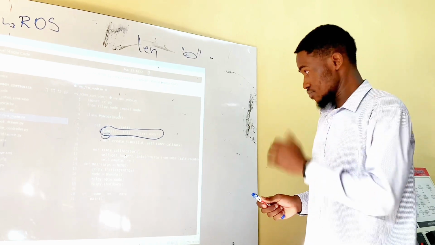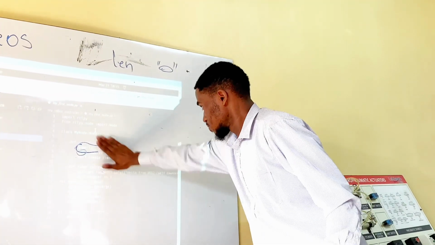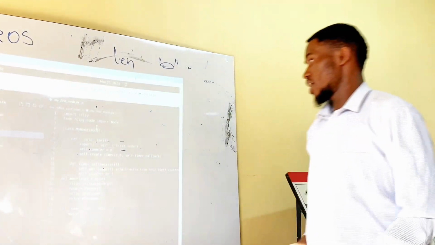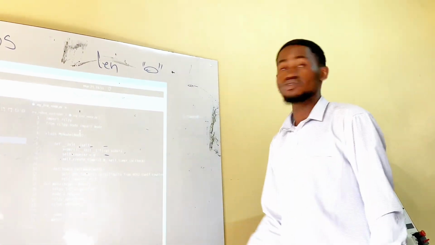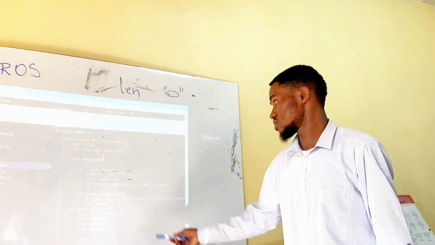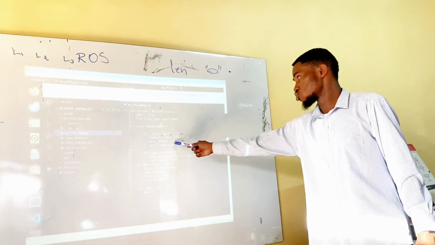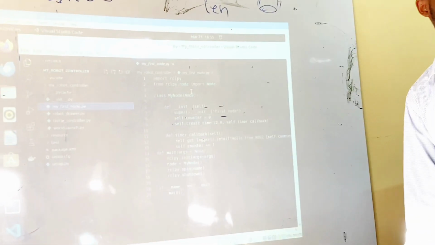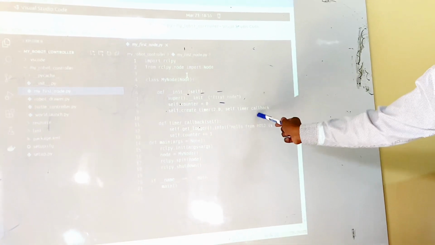So for this code, let me explain a bit. This code will just print on my screen Hello from ROS 2. How will it print it? You created your super class, and your super class will be your first node, and then you have your timer.